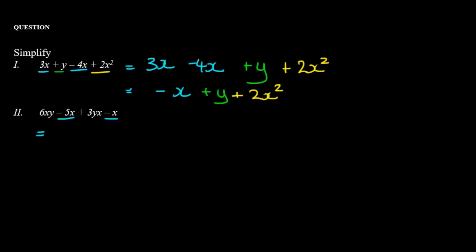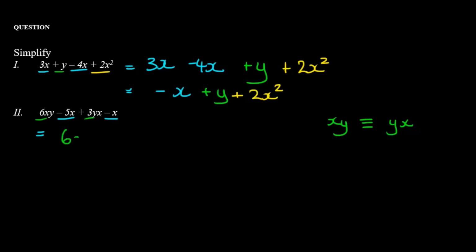Well, if you think about it, you're comparing the terms xy and yx. Really, this is saying x times y, and this is saying y times x, and we know that both of these are the same. So xy and yx are like terms because they both have x and y in them. So these two are like terms as well.